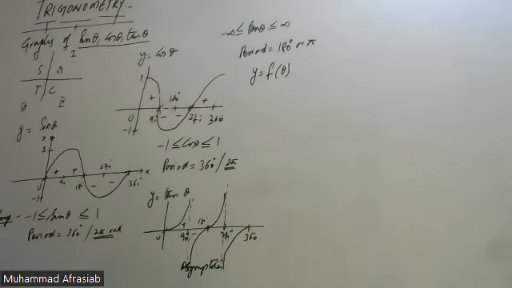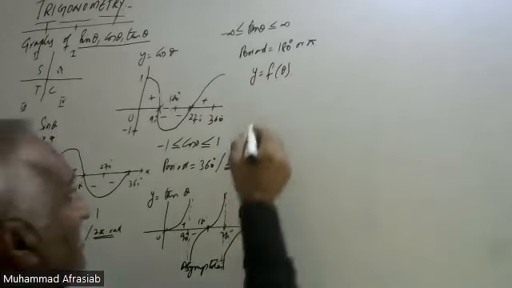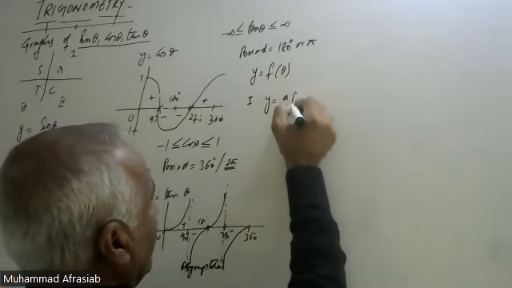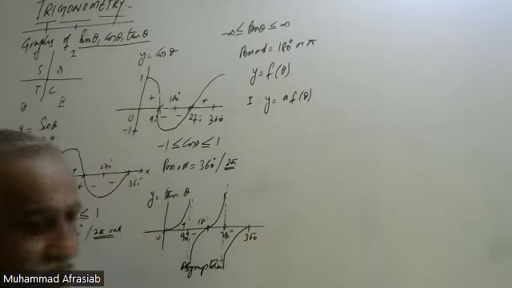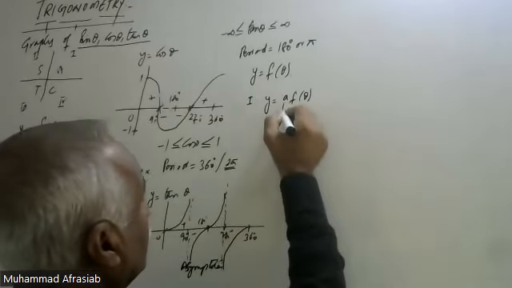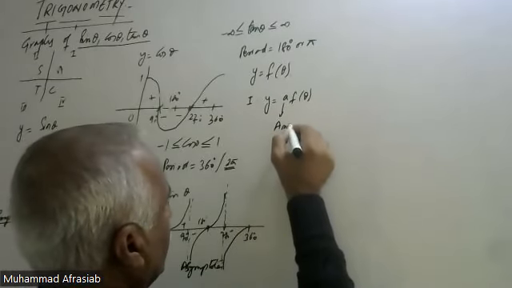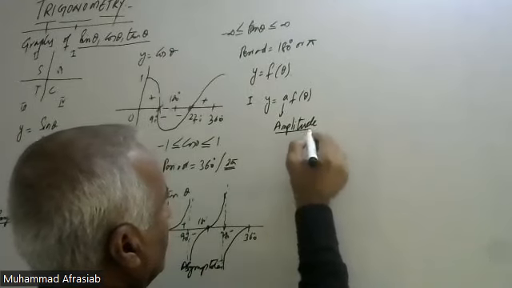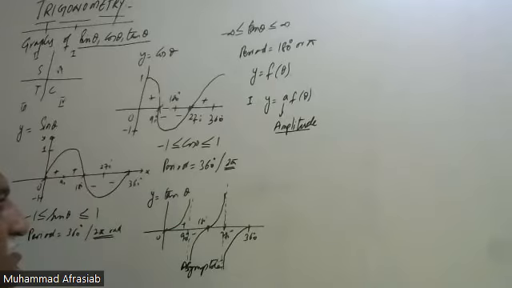The first property is that if y is equal to a f of theta, then this a value is going to decrease or increase the values of the main function f of theta, that is, its amplitude.